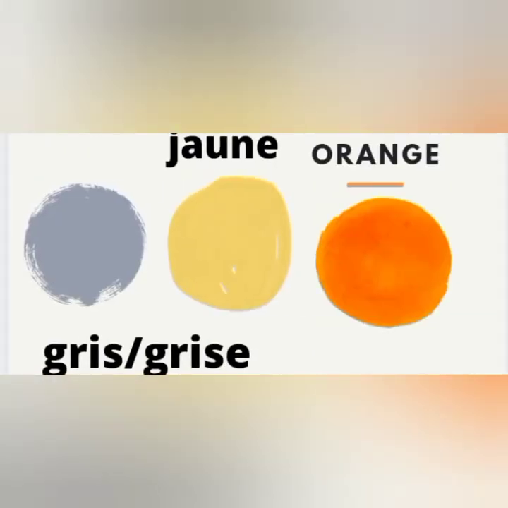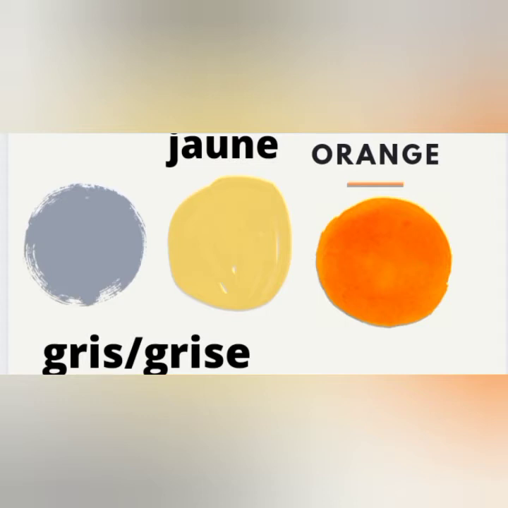We have gray, yellow, and orange. Now, what are these colors called in French language? The gray is called gris. That's the masculine. Then the feminine is gris. I take it again.